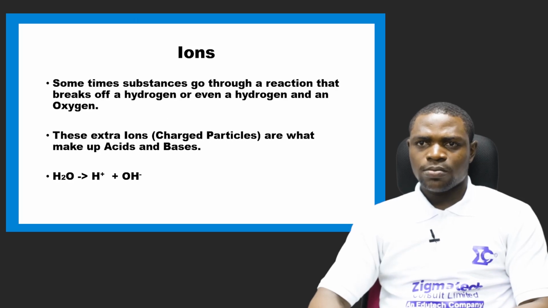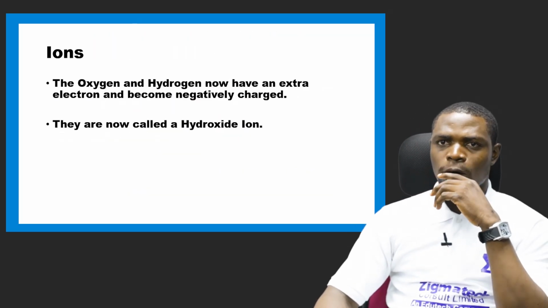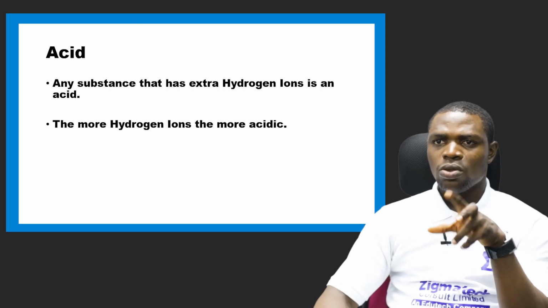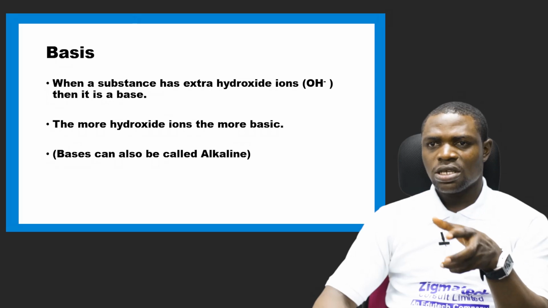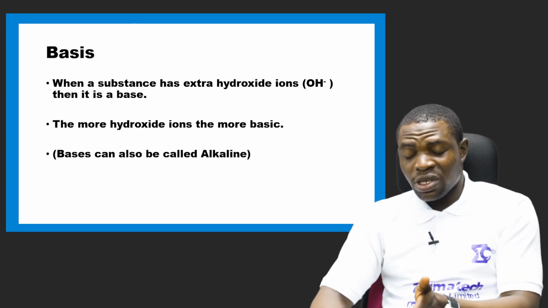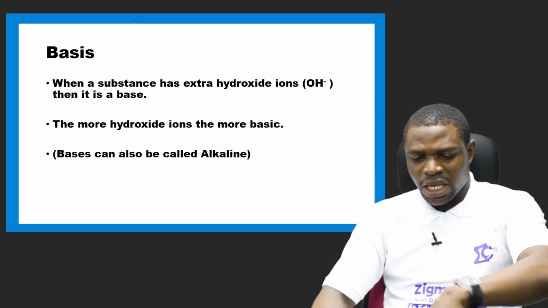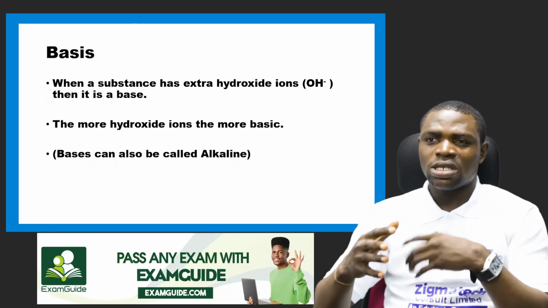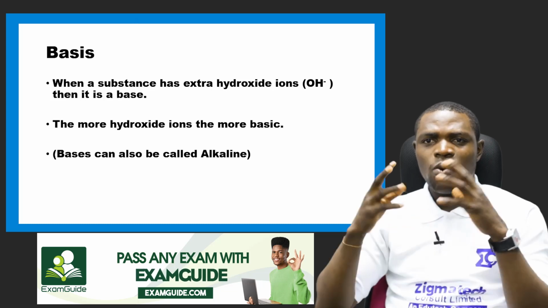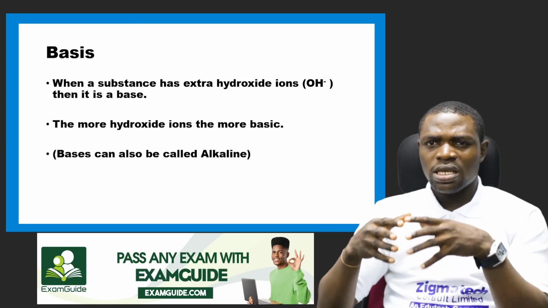Now looking at the acid further, you understand that acid can be differentiated from base based on certain parameters which I've highlighted up there. When a substance has extra hydroxide ion, then it is a base.